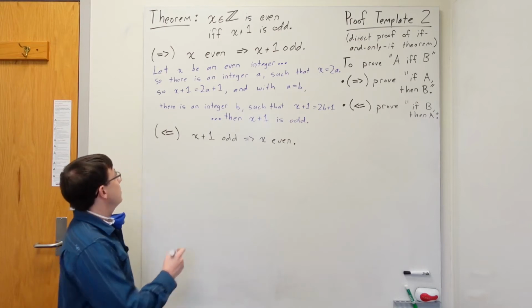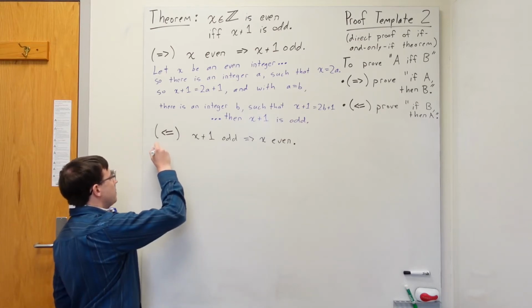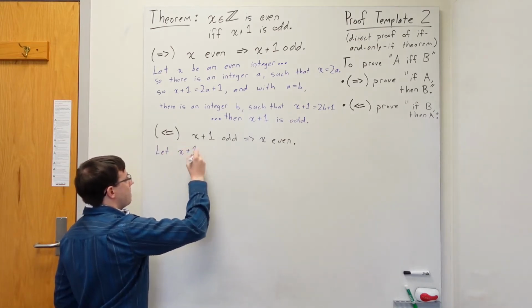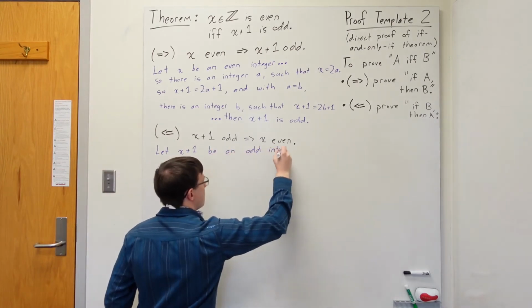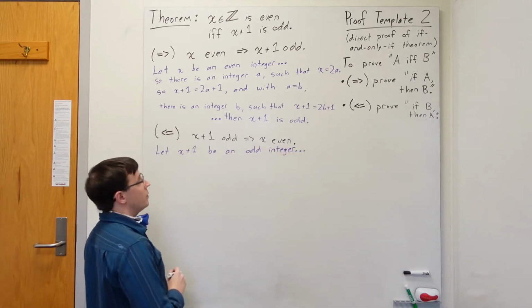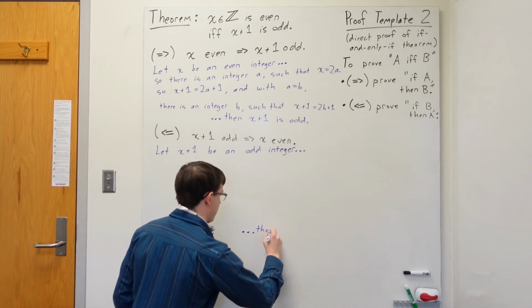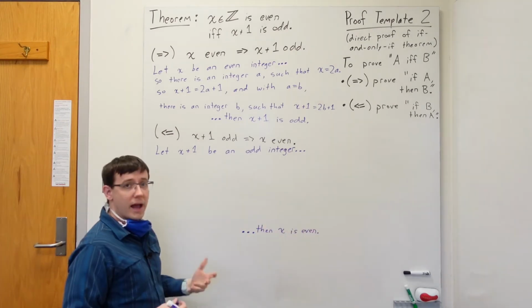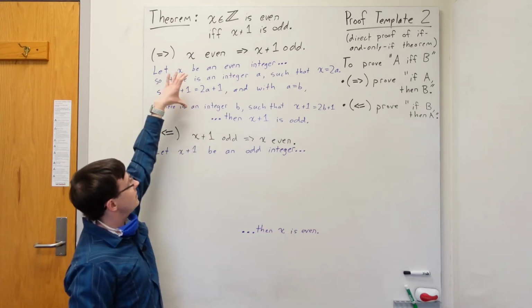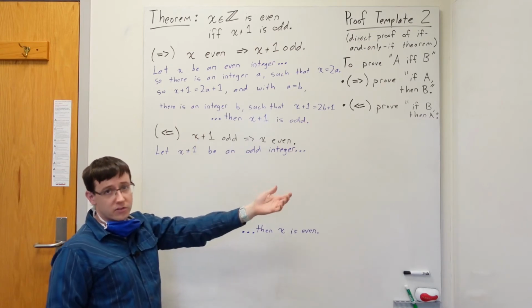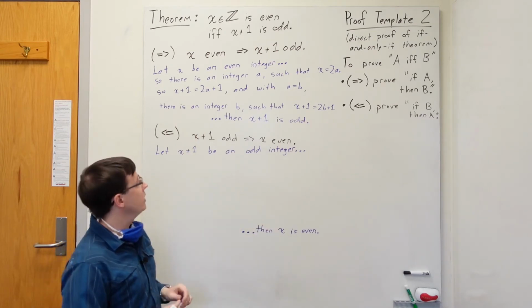Again, we'll start with our hypothesis at the top and our conclusion at the bottom. And now we see that exactly the same pattern that gave us the forward direction will give us the reverse direction here.